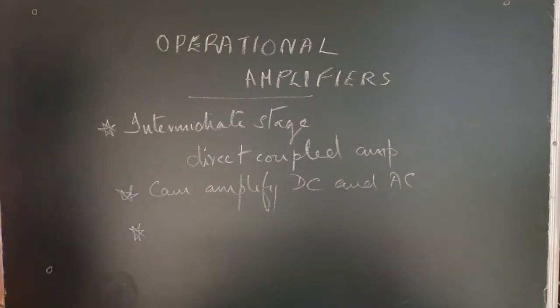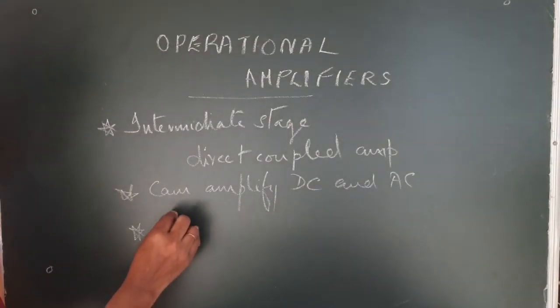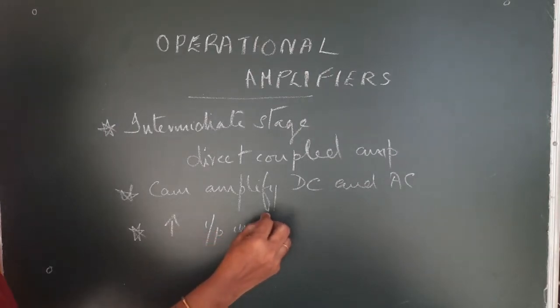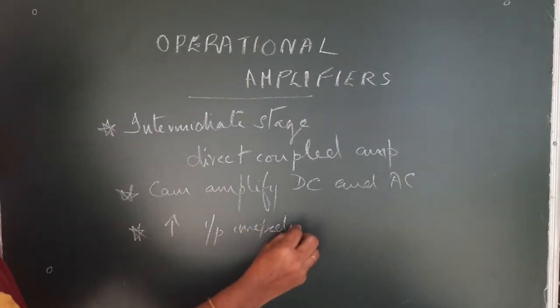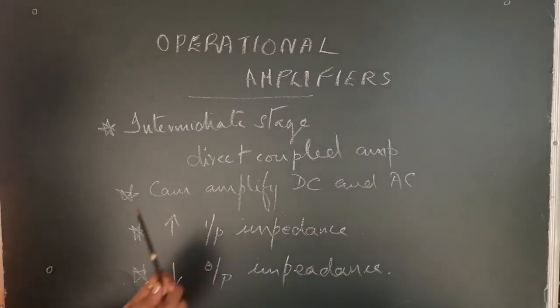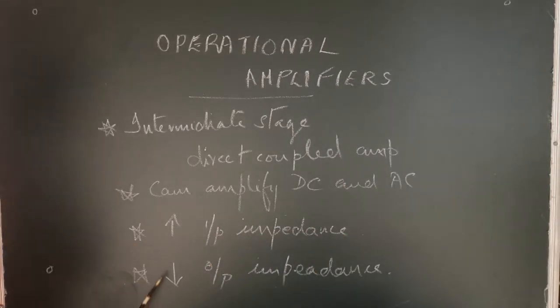Now, the next important point is that op-amp has got a very high input impedance. So, it has a very high input impedance and a very low output impedance.